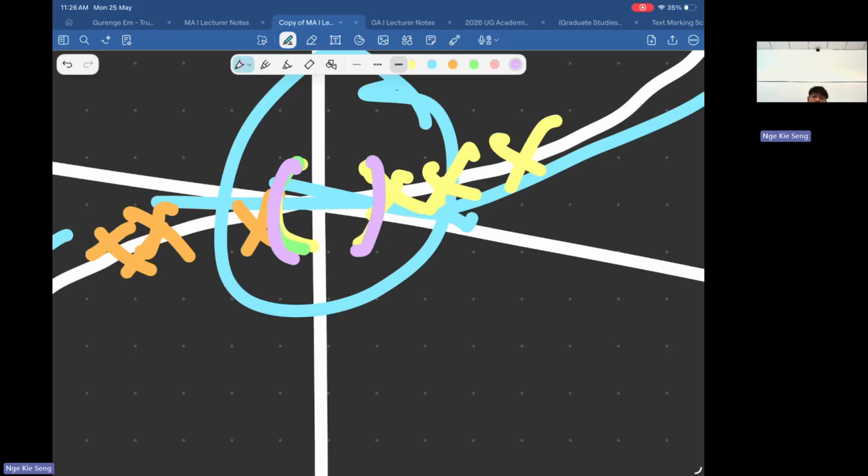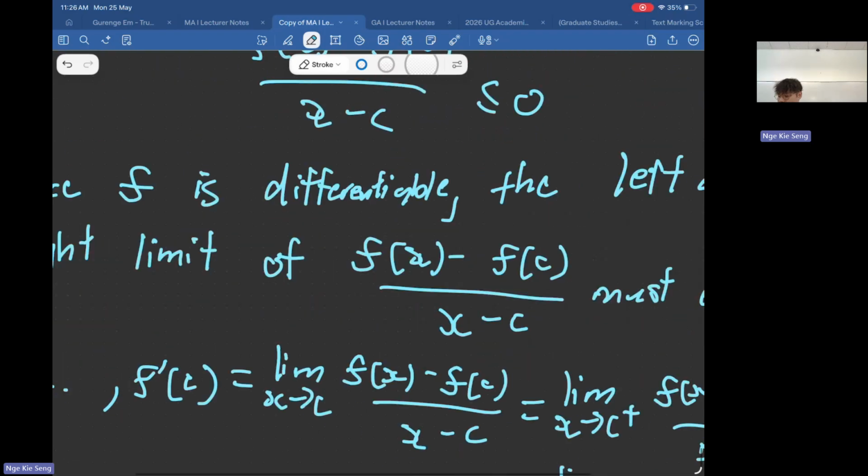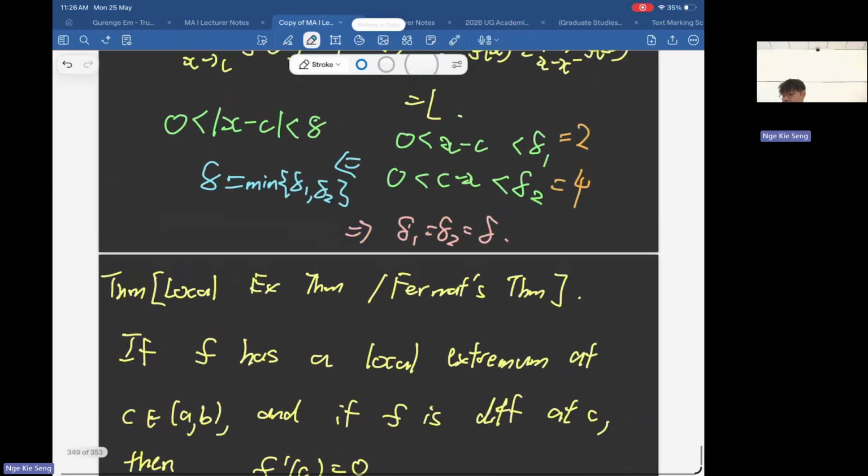Also, the local extreme value theorem makes no sense for a local extreme that occurs at the endpoint. It seems like we accept that it can occur at the endpoint. There's a remark that this local extreme can occur at the endpoint.